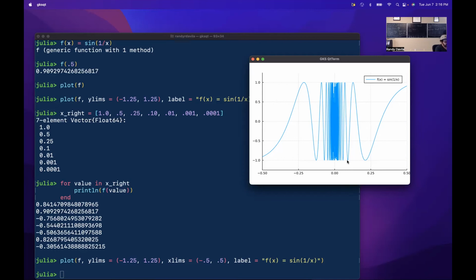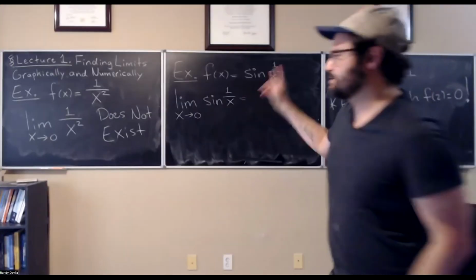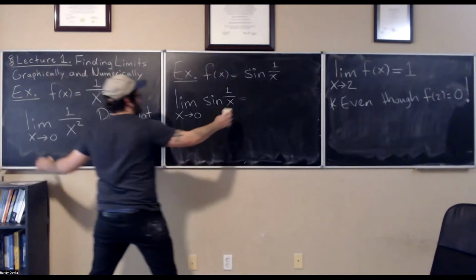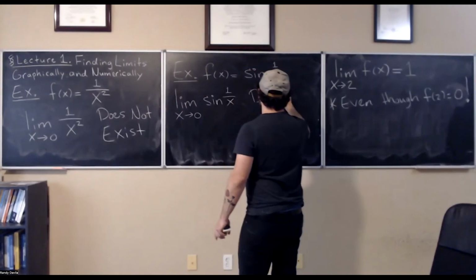So what that means is that there's no number that this is jumbling up on from the right-hand side and from the left-hand side. This limit does not exist as well. So this is another example where you have oscillations, which tell us that this does not exist.